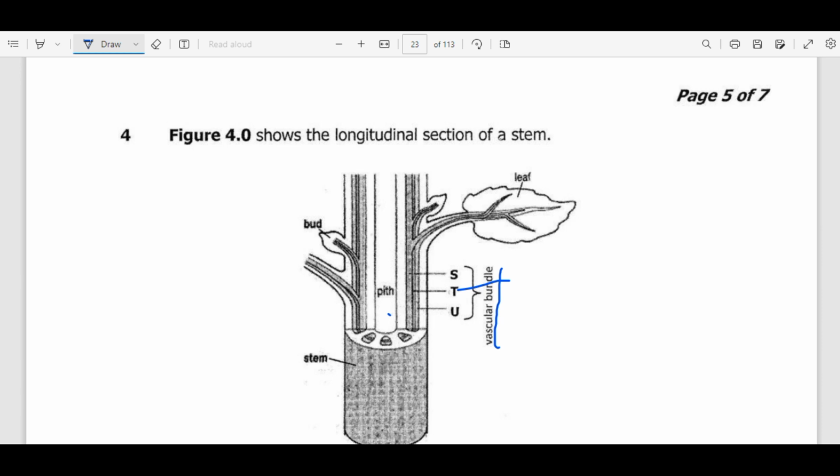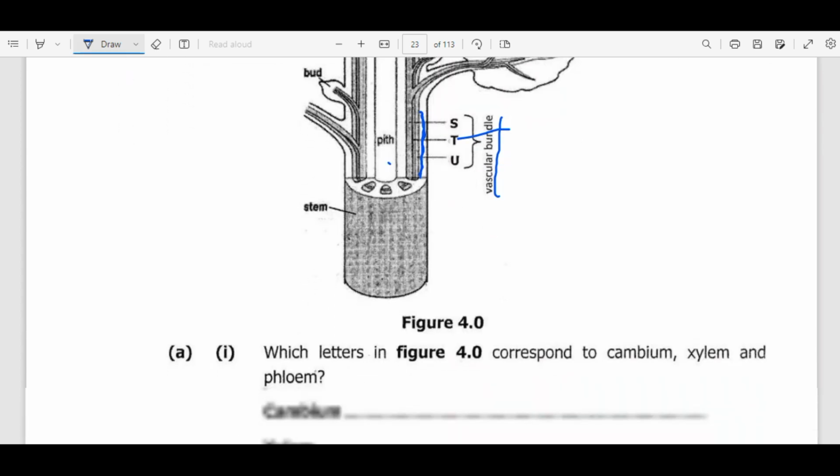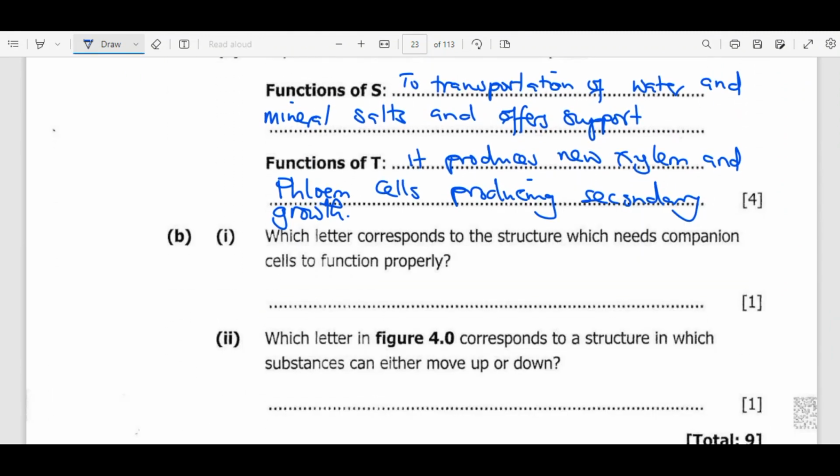The companion cells are found just outside, close to the vascular bundle, mostly outside here. That is where we'd find the companion cells. So the answer is U.